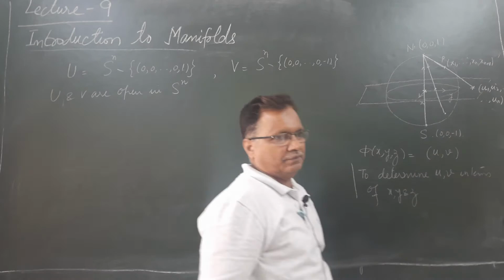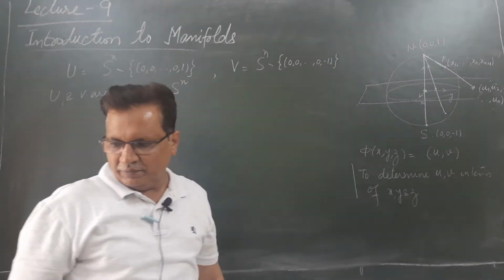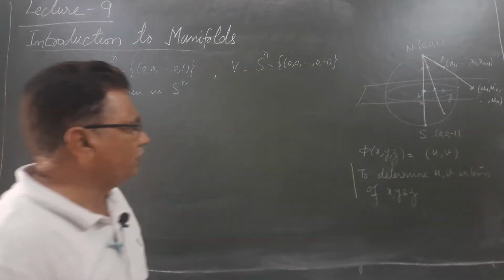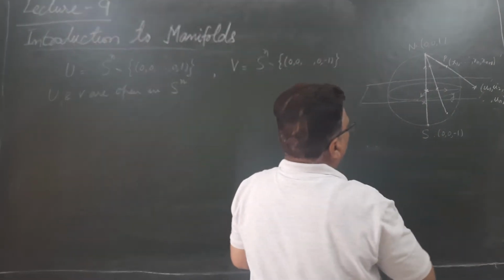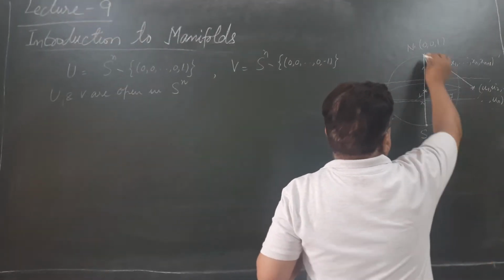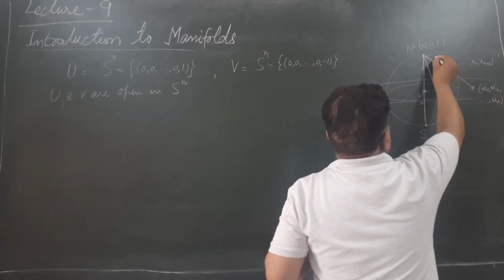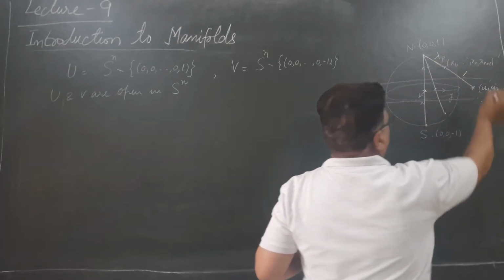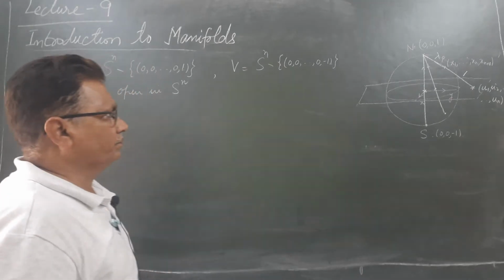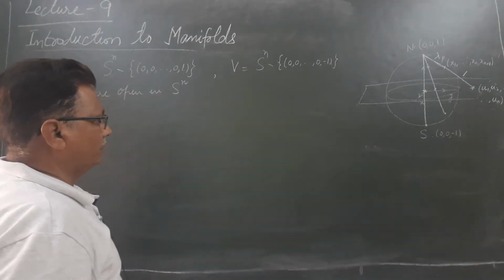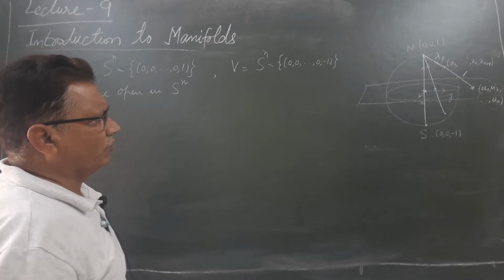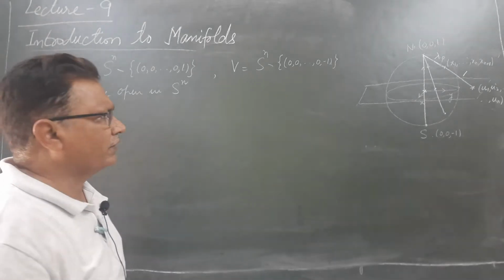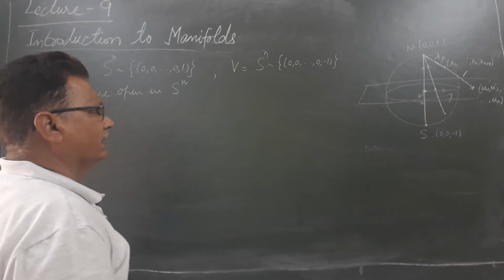So here our problem will be to determine these u1, u2, u3, un in terms of x1, x2, x3, xn plus 1. So in order to determine it, suppose this point P divides this line segment in the ratio lambda is to 1. I will just tell you how to get hold of u1, u2, un in terms of x1, x2, x3, xn.